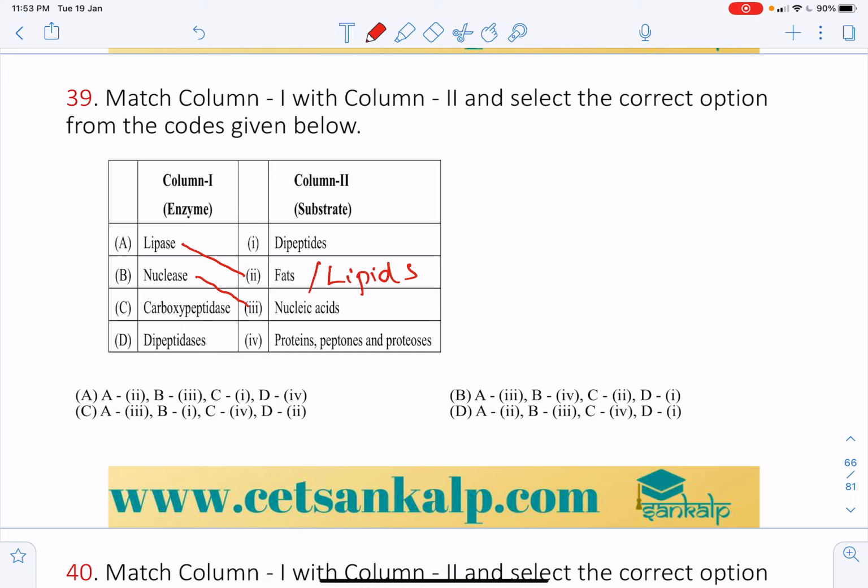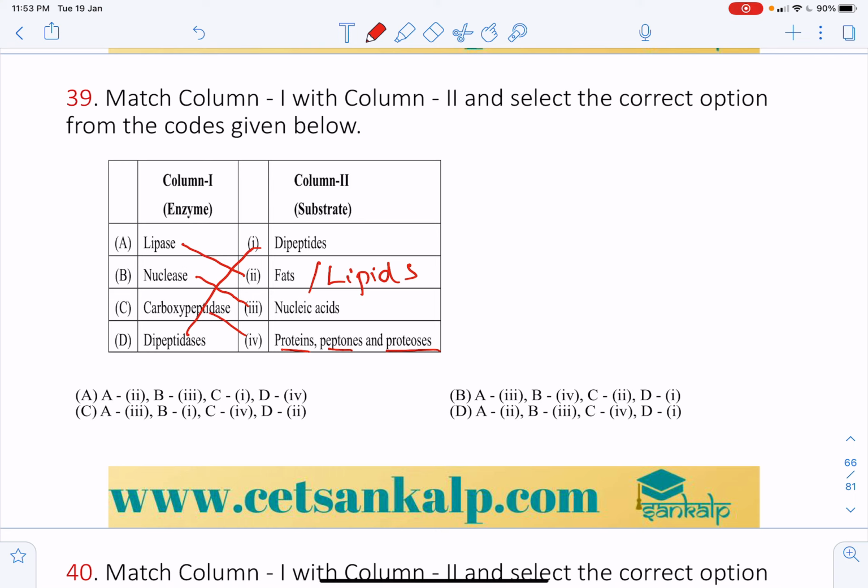Carboxypeptidase acts on proteins, peptones and proteoses, and dipeptidase is an enzyme which acts on dipeptides.